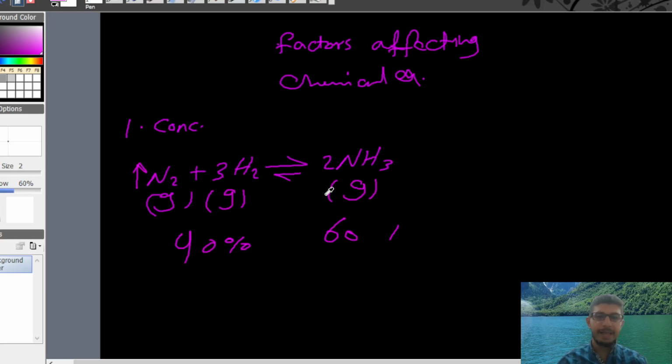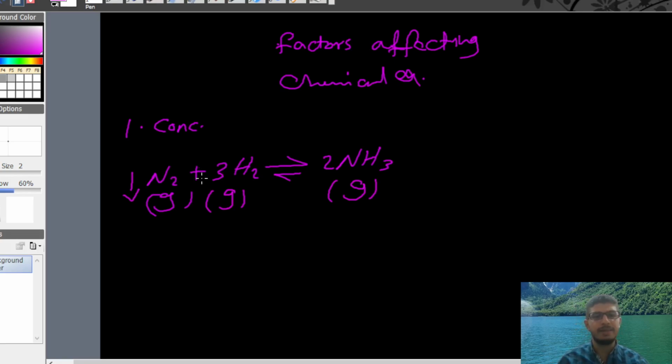And the vice versa. What is the vice versa? If I decrease the concentration of the nitrogen, this will affect the equilibrium and will destroy the equilibrium, leading to another ratio of equilibrium. It should be 40 to 60.